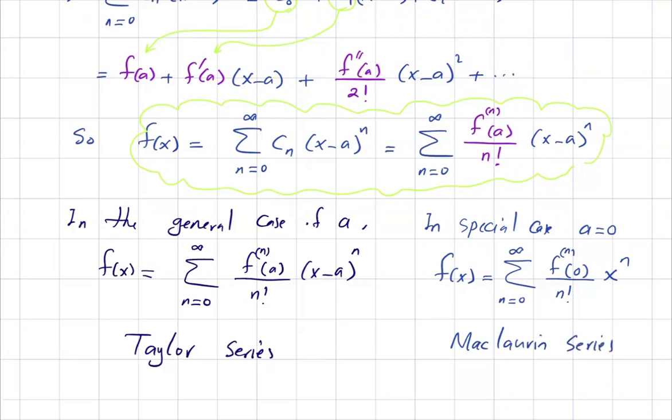Hopefully the spelling is correct. So if you hear about the Maclaurin series, it means that your a is equal to 0. When you hear about the Taylor series, it is just a general format where a can be any number.